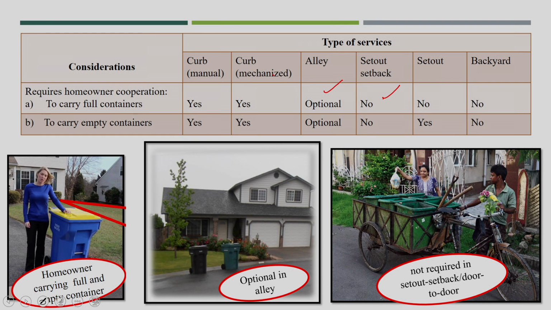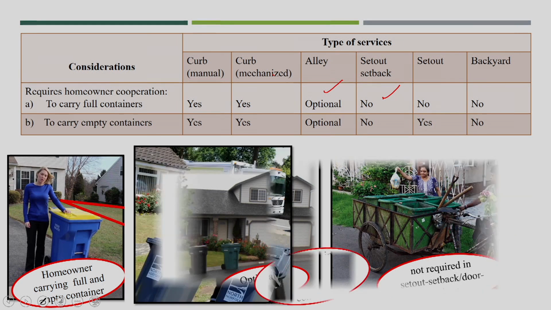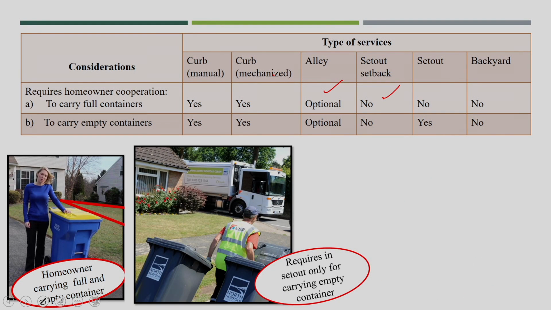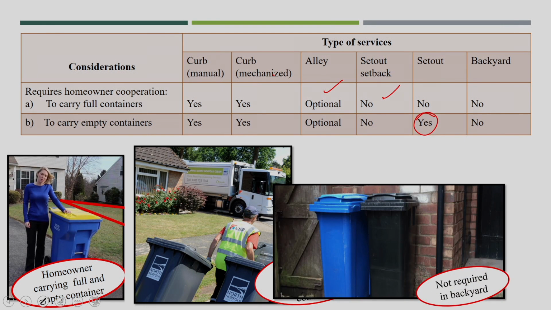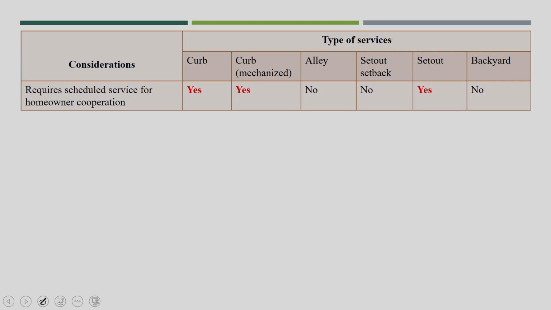I won't say it is their responsibility, but we can say yes in the house to house collection system. Set out is required only for carrying the empty container, so I put yes for set out, and it is not required in the backyard service, as there is no responsibility on them.